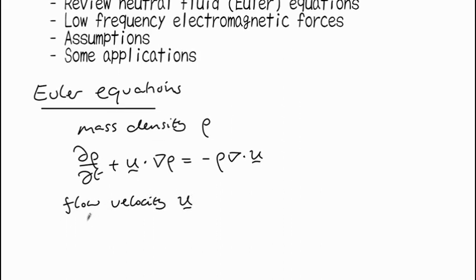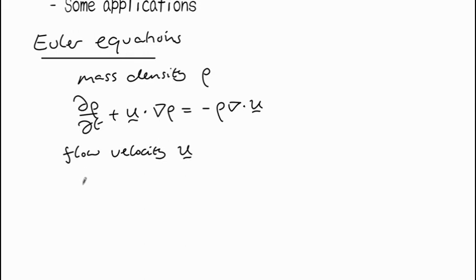The equation for u comes from the conservation of momentum. So we have du by dt plus u dot grad u, multiplied by the mass density rho, which is kilograms per cubic meter, times meters per second, essentially the momentum per volume, and this is the acceleration.